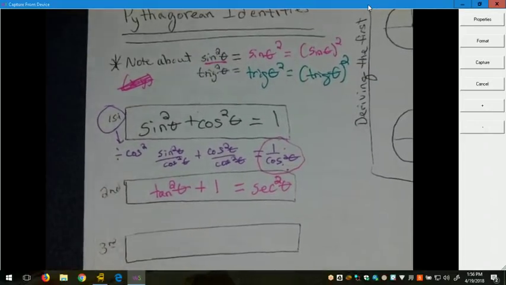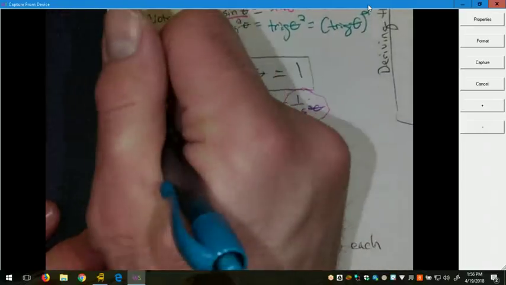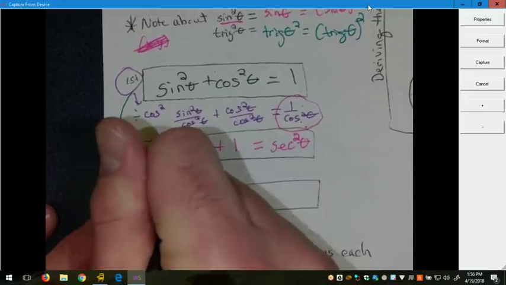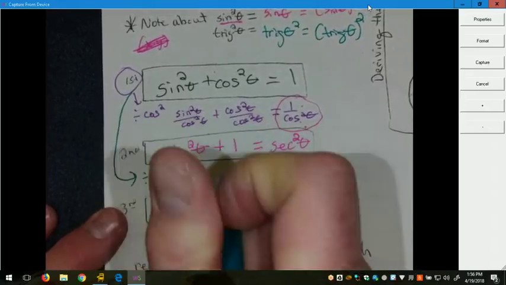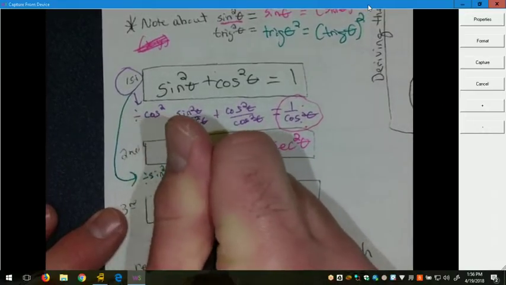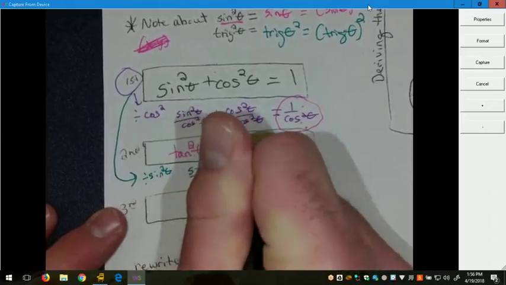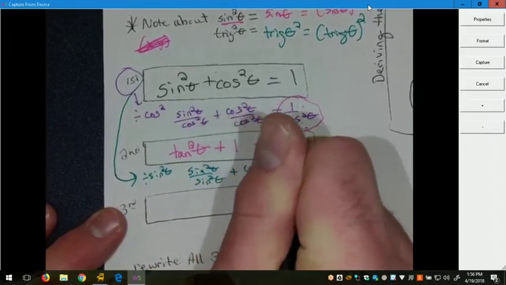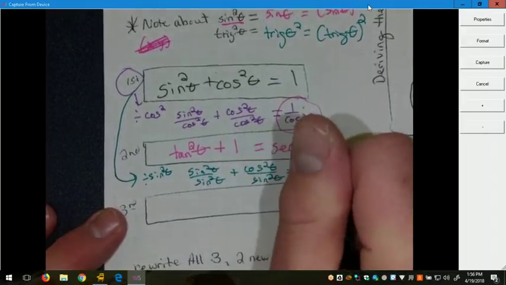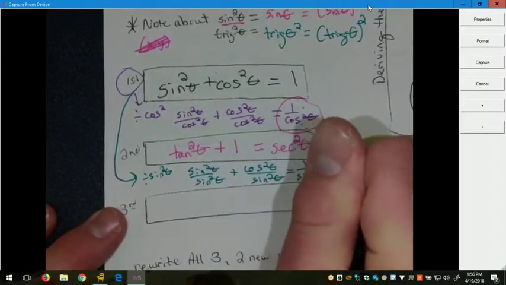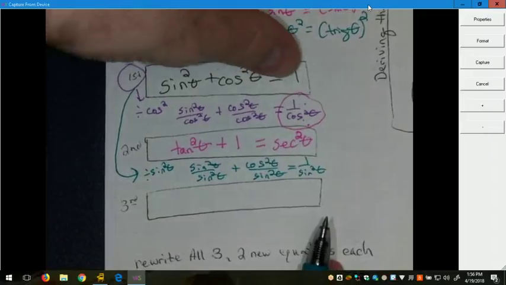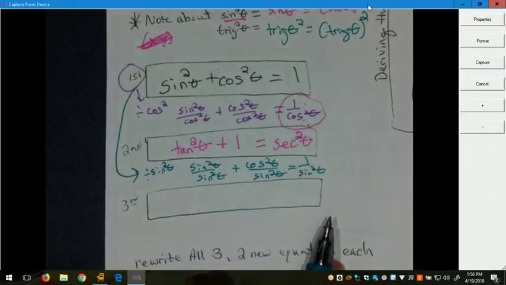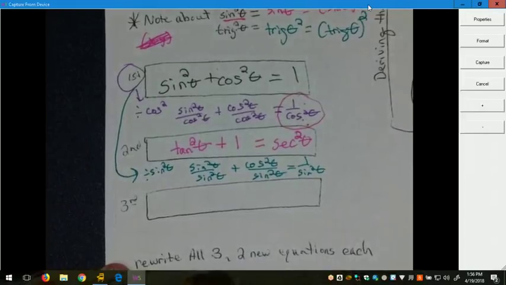Our third Pythagorean identity also takes the very first one, but this time instead of dividing by cosine squared, I'm going to divide everything by sine squared. So I will have sine squared theta over sine squared theta plus cosine squared theta over sine squared theta equals 1 over sine squared theta, because I've taken this original Pythagorean identity and divided every single term in the equation by sine squared.